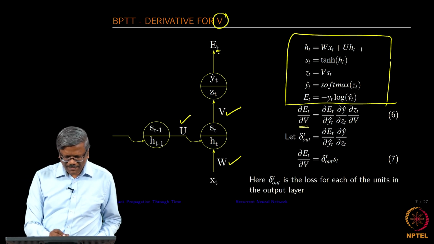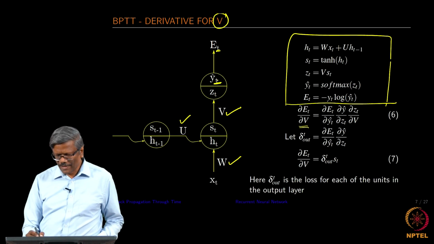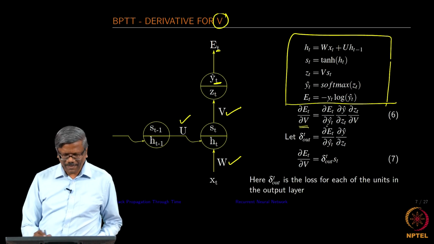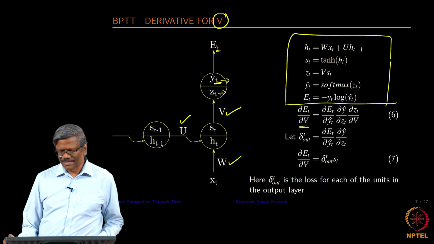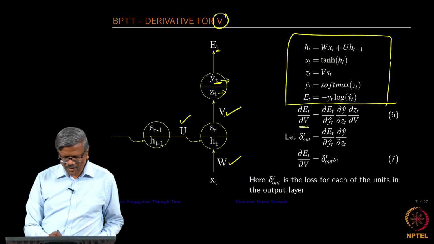We are going to be finding the error with respect to y t, so we have dou E by dou y t, and then we are going to be finding this y t with respect to z t. And then we are going to be finding the change with respect to v.